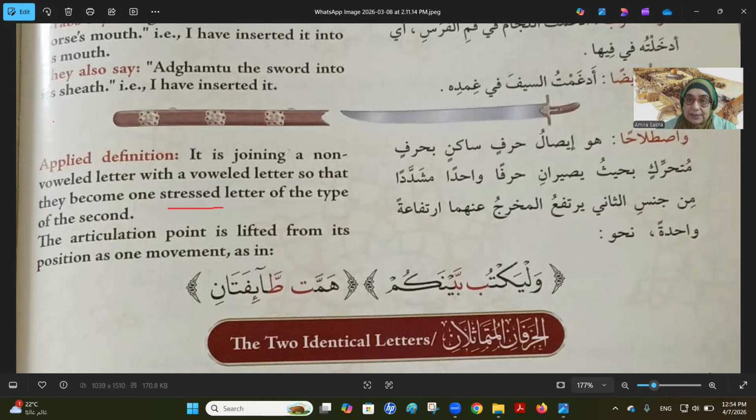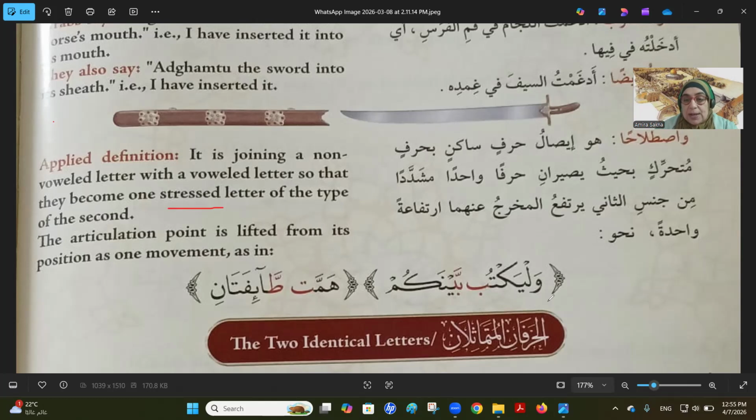According to this, I will have only one articulation point, which is the articulation point of the second letter. The articulation point is lifted from its position as one movement, because the first one is totally merged into the other one. This is the complete merging, the full merging.